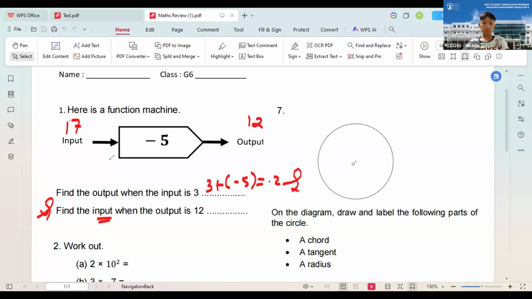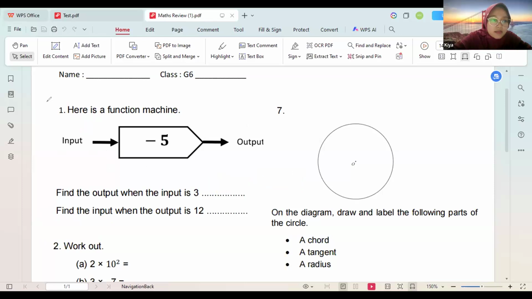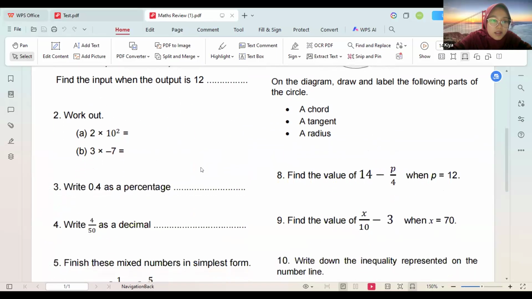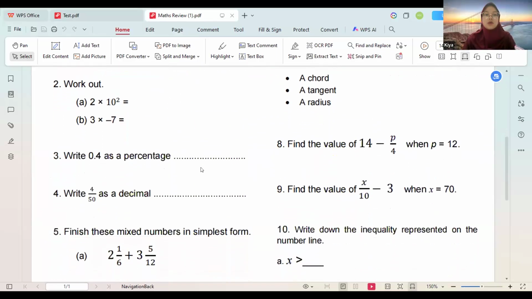No. Okay, let's jump into the second. Okay, number 2. What is the result of point A and point B? 200. Perfect.